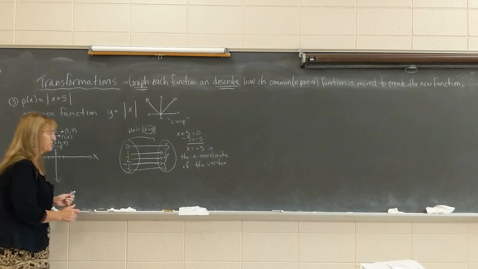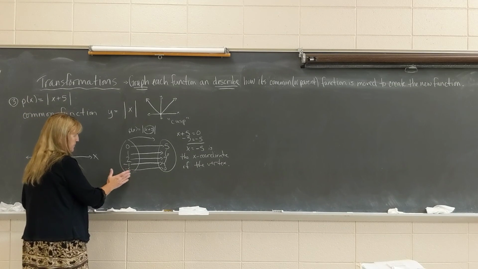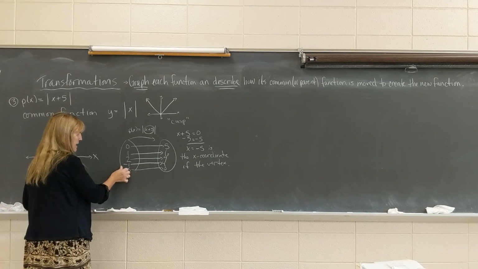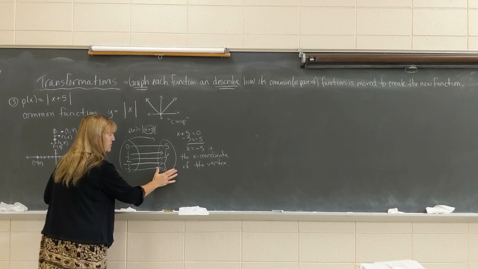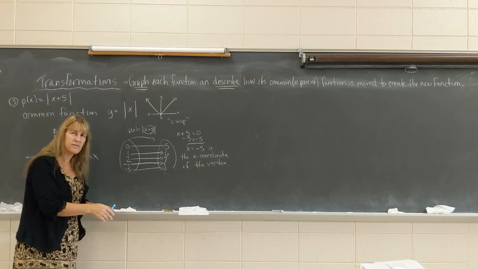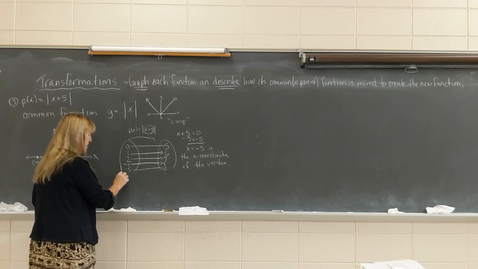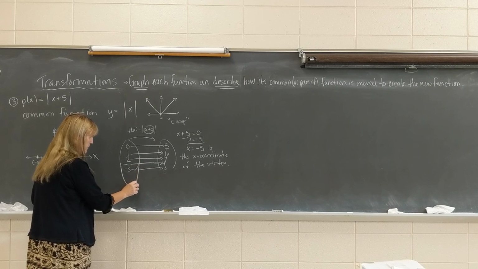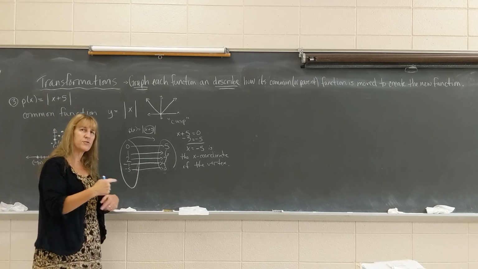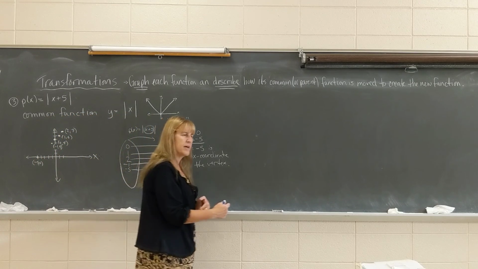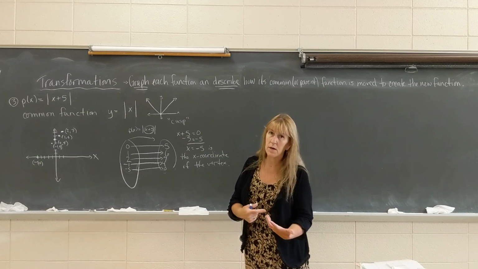Let's go a little bit further to the left, because I know that you know that absolute values affect negative numbers, but they don't affect positive numbers. So if you have a negative number inside your absolute value, the absolute value function will take that negative number and turn it positive. But what does the absolute value do to positive numbers? Leaves them alone, right?